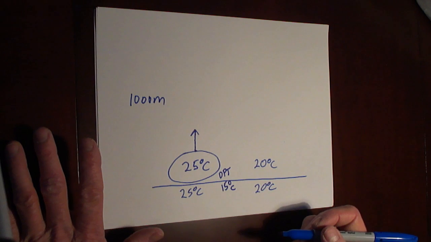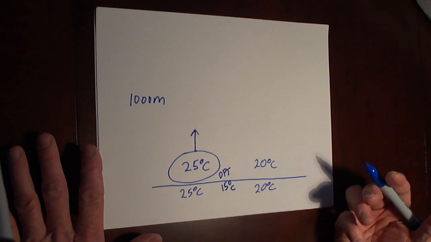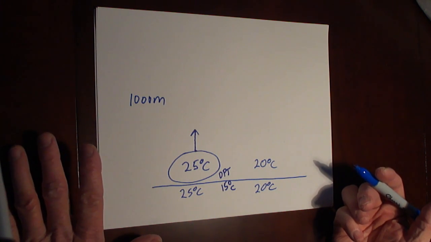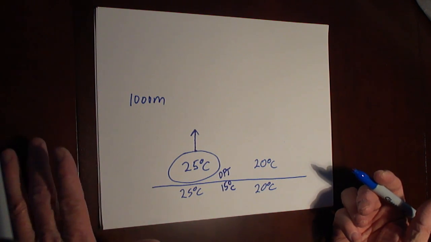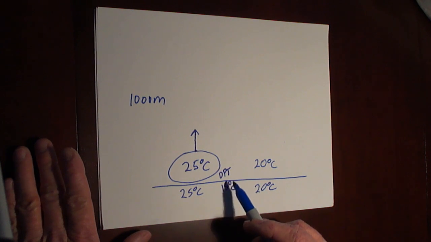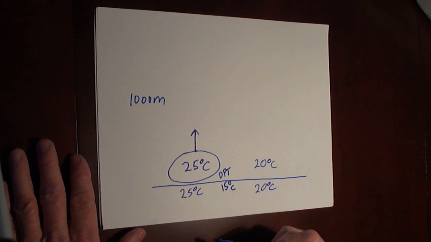All right? So it has a dew point temperature of 15 degrees Celsius. That means that when it gets to 15 degrees Celsius, it will have cooled enough that it can no longer hold the water vapor that it is holding, and the water will condense and turn to liquid droplets. Perhaps a cloud forming. Now, what does that mean for us at this point? We're at 25 degrees Celsius. That means we're 10 degrees above the dew point.